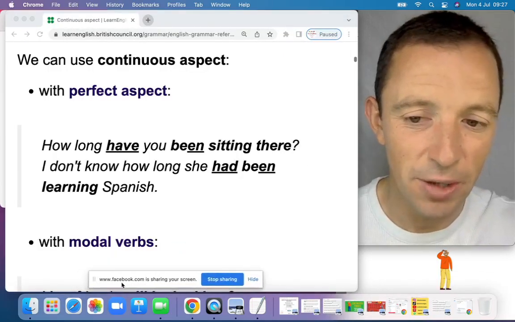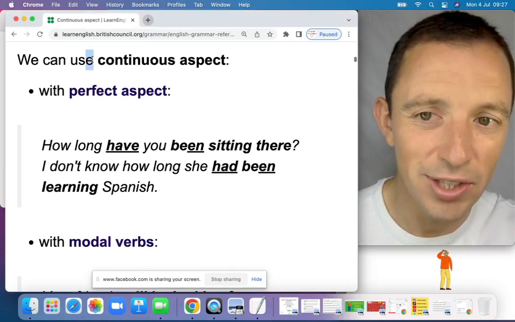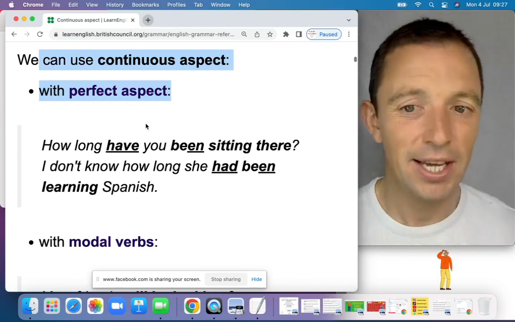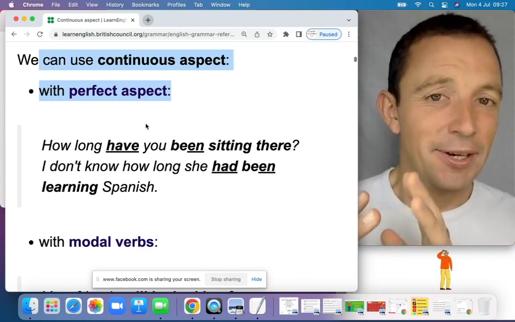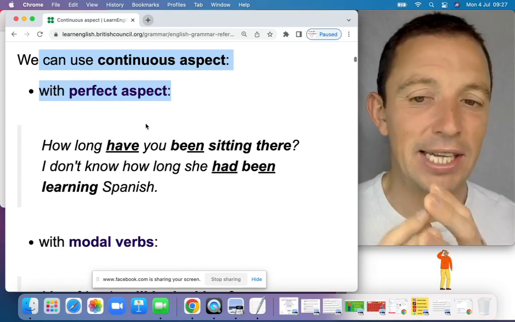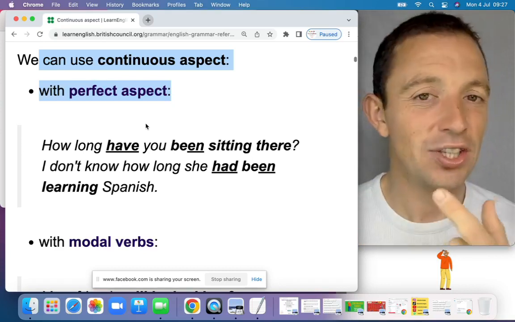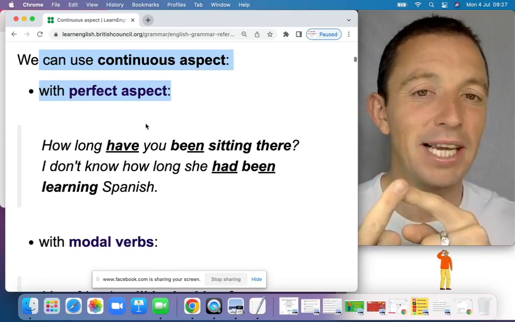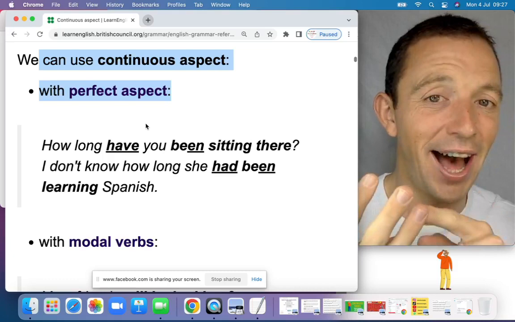So let us continue to using the continuous aspect with the perfect aspect. Already we have seen a few samples and examples related to the continuous plus the perfect. Had been going, had been eating, have been watching.